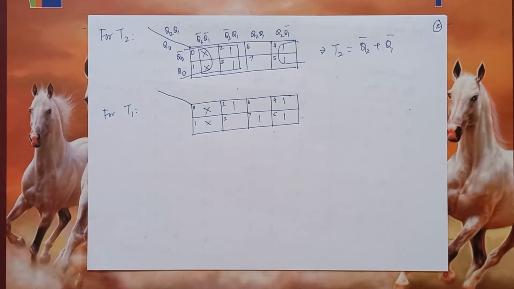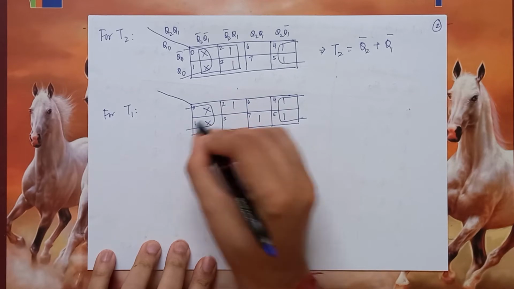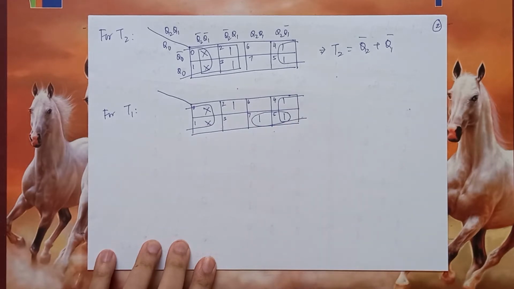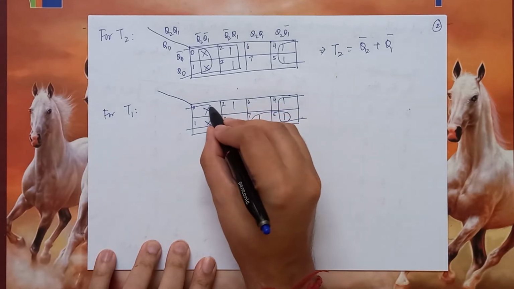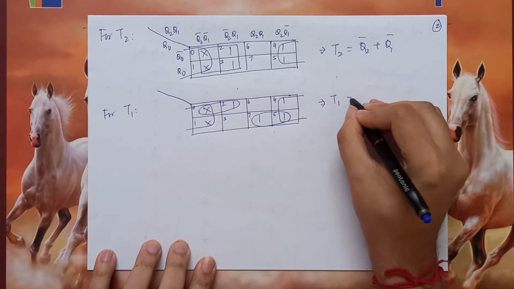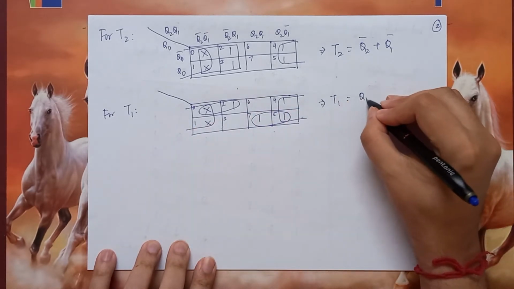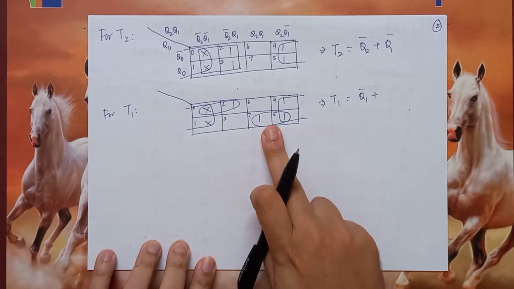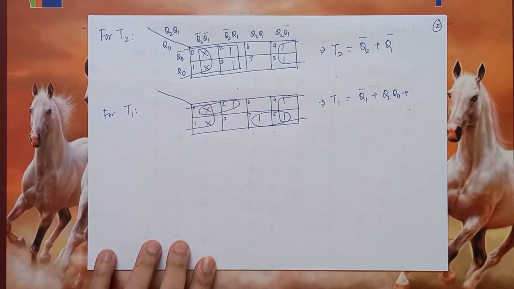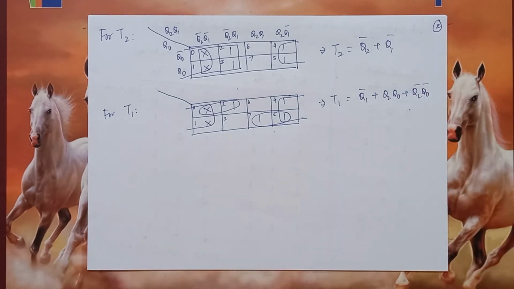So we can make one group this way and another group this way and another group this way. So we see that T1, for this group it would be equal to Q1 bar plus Q2 Q0 plus Q2 bar Q0 bar. This is what T1 is.